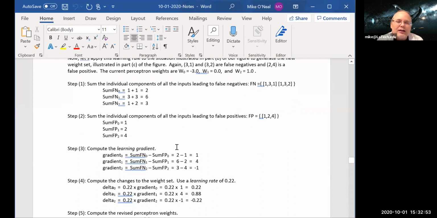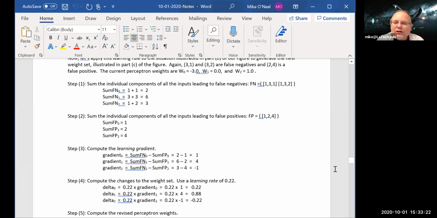You compute the learning gradient. So you take the 2, 6, 3, and you subtract from it a 1, 2, 4, and that gives you a 1, 4, minus 1. That's your gradient. You then multiply the gradient times the learning rate. So each of these components gets multiplied by 0.22. So the 1 becomes 0.22, the 4 becomes 0.88, and the minus 1 becomes a minus 0.22.